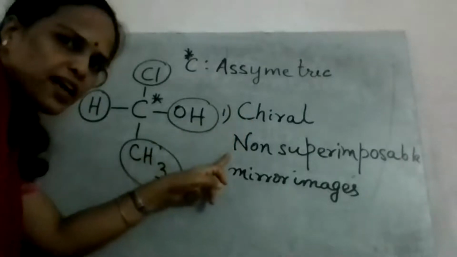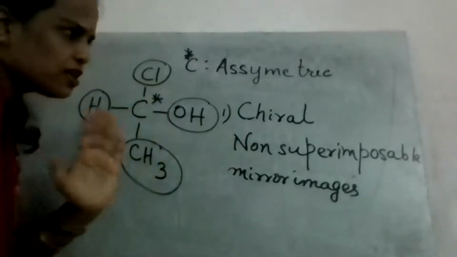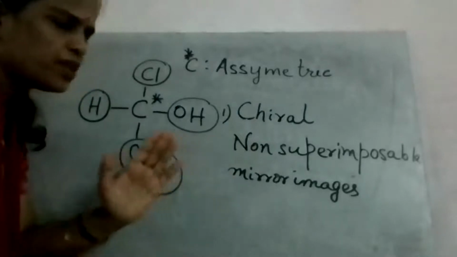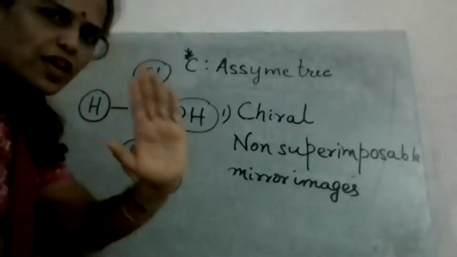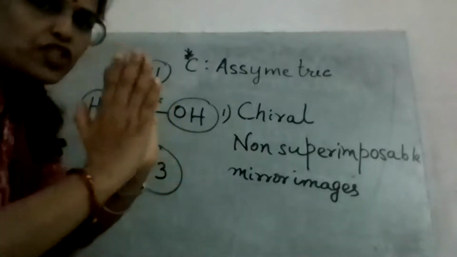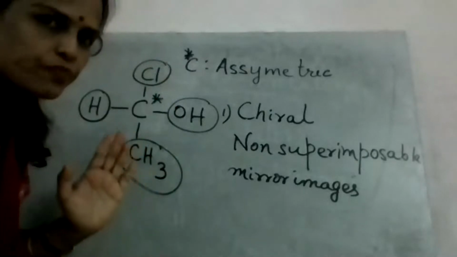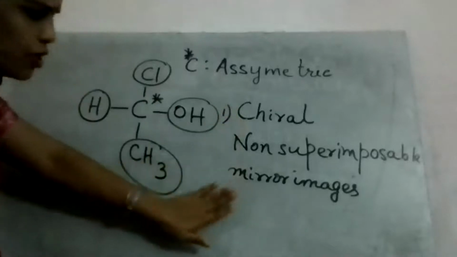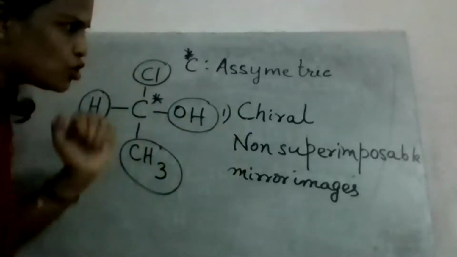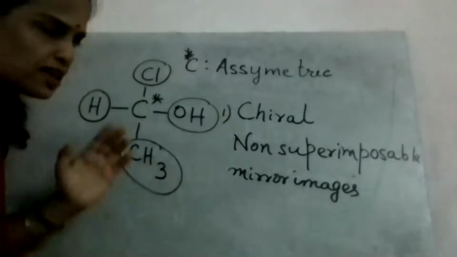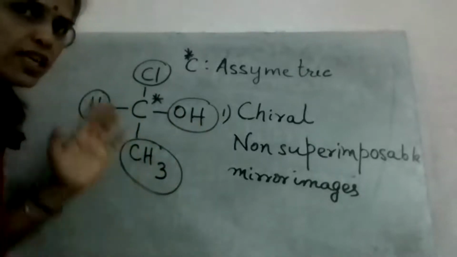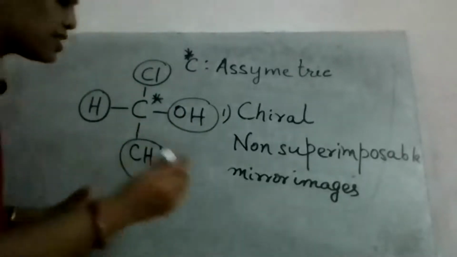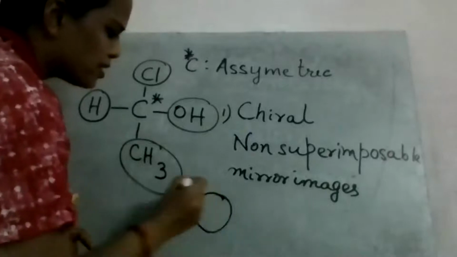What do you understand by chirality? Non-superimposable mirror images. For example, if I look at my left hand, it looks as if it is your right hand. So they are non-superimposable mirror images. They cannot be superimposed as they are. Non-superimposable mirror images are called chiral objects. Suppose I see a circle in a mirror.